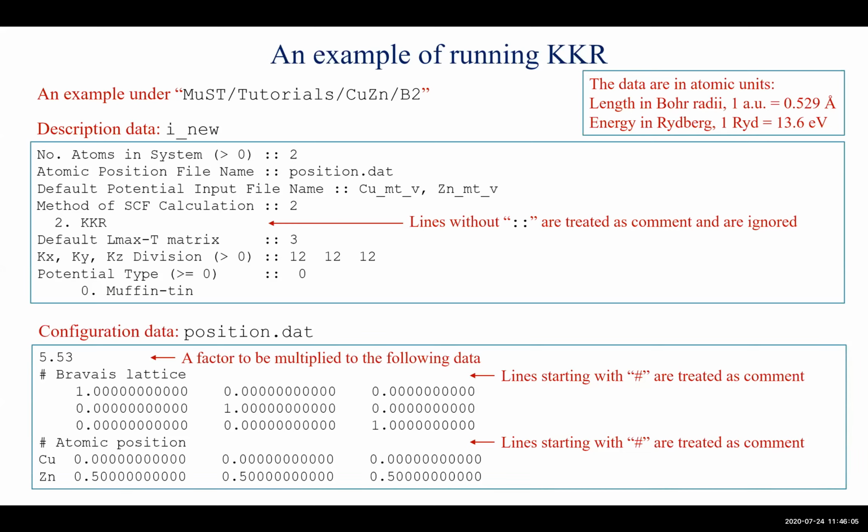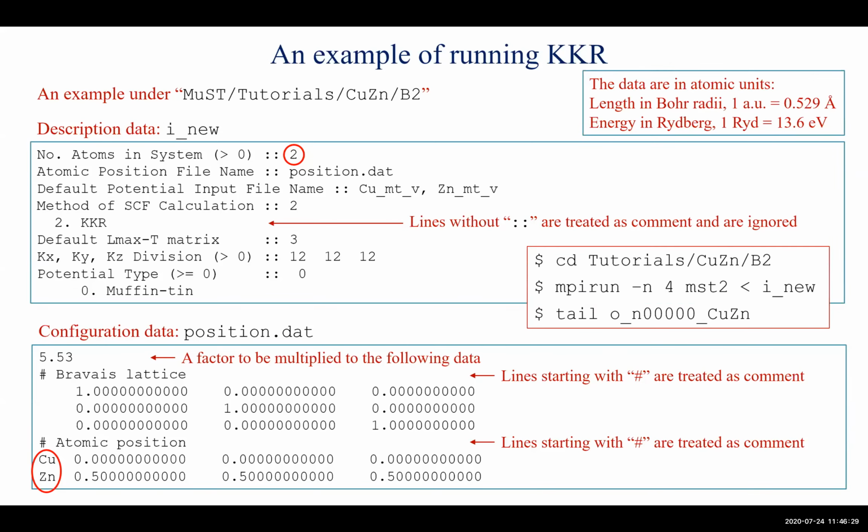For the position data, it shows the Bravais lattice, the structure of the system you're going to study. The first line is the lattice constant, the size of the unit cell. Then these 3 lines that follow are the Bravais lattice. It's a cube. So there are 2 atoms in the system, copper and zinc, located at different locations in the cube.